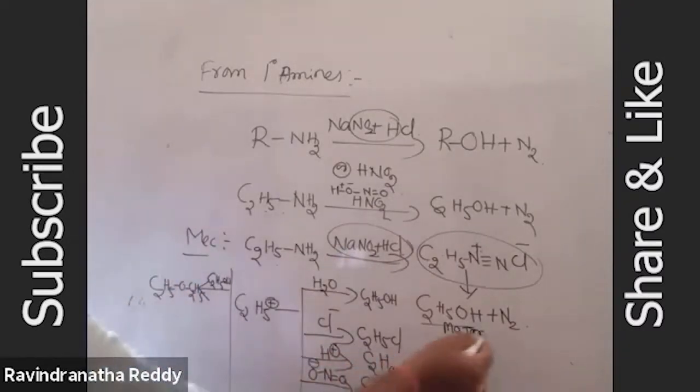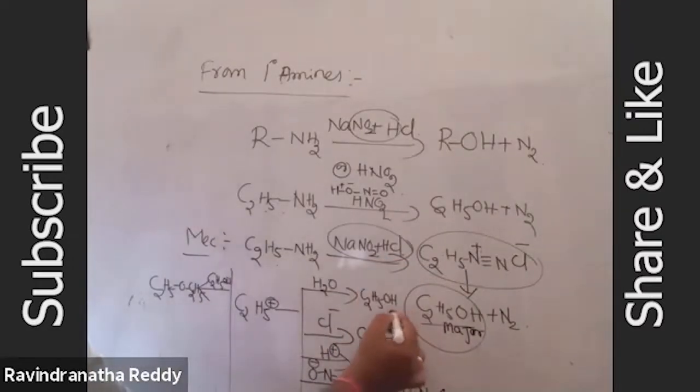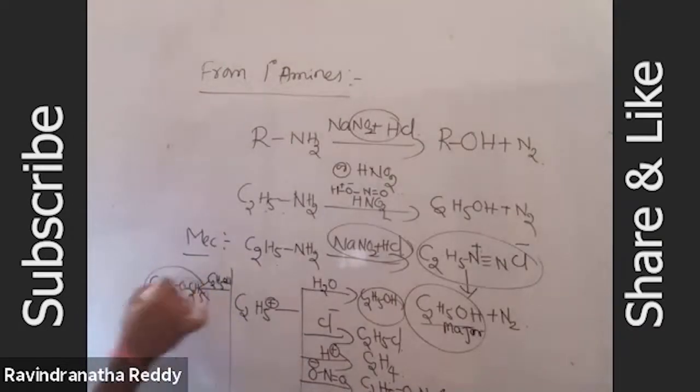The major product is alcohol. Chloride, ethylene, nitroethane and ether are all side products. Getting this point?